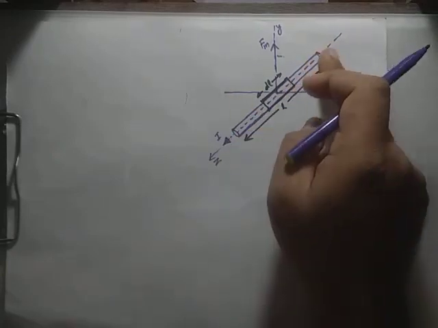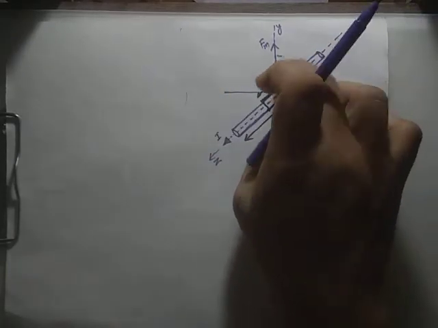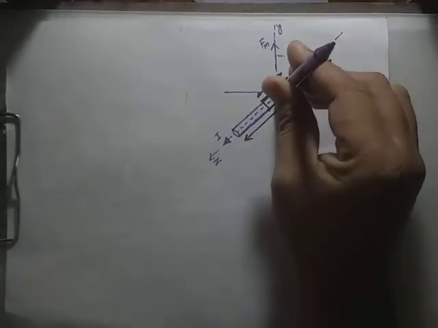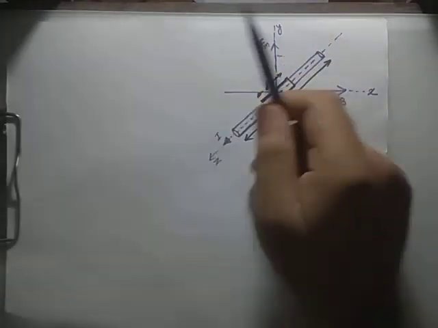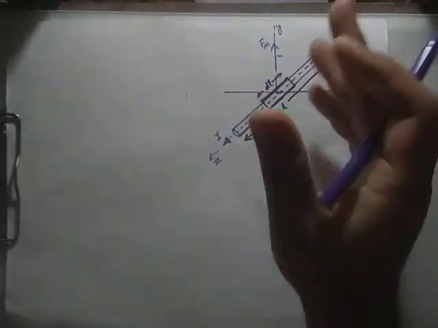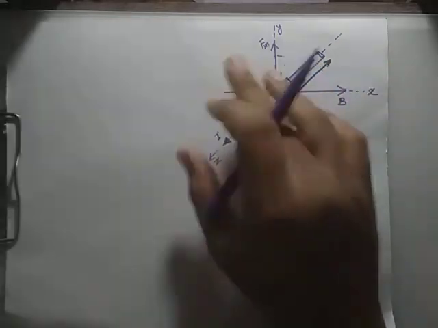and this is the current I flowing in this direction, and the force is in this direction, like this. You have to find out how they are related. The actual formula will come from here.